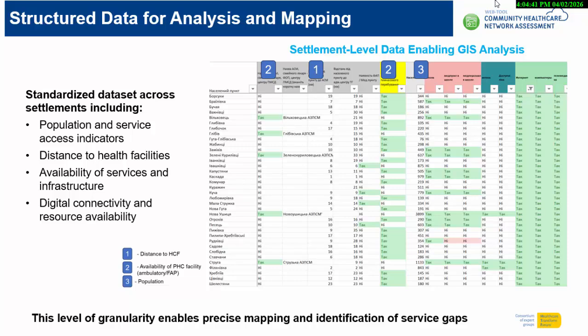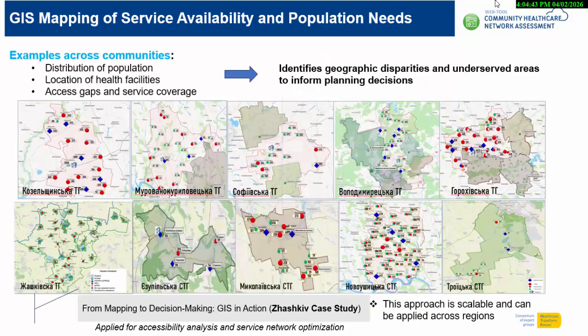The next slide demonstrates 10 gramadas, municipalities, just as an example. Nine of them have been made by hand, and in the second row you will see the first gramada, Zhashkiv Gramada.